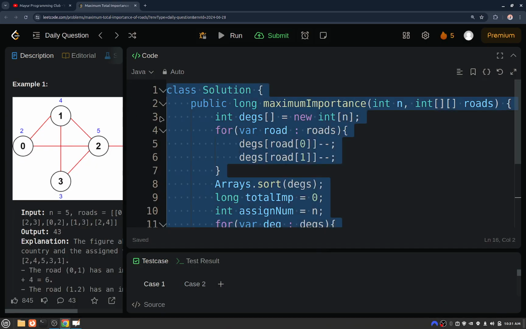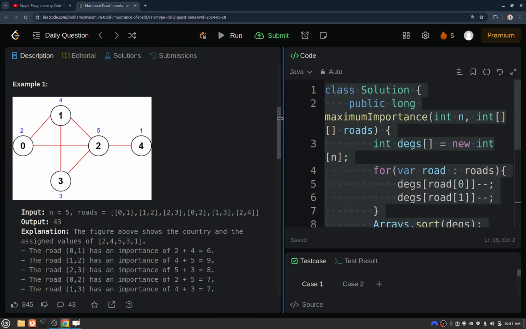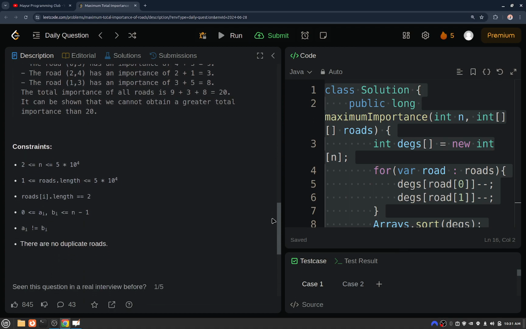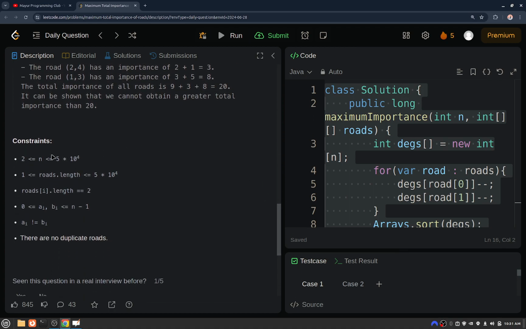And although we should be looking at the constraints before solving any kind of problem, since we have used only linear time complexity here, it was not a major concern, but it is good practice to look at the constraints before thinking of an approach for a solution. So the constraints were that the number of cities will be of order 10 raised to power 4, 5 into 10 raised to power 4.